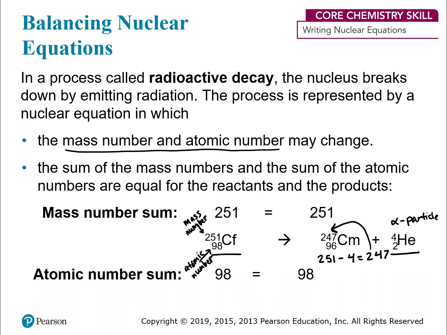Likewise, since we know that the atomic number has to sum 98 on the product side, we take that 98 and subtract the 2 protons we know come from helium, and we get 96. The atomic number gives us the information to identify the new element that is formed.